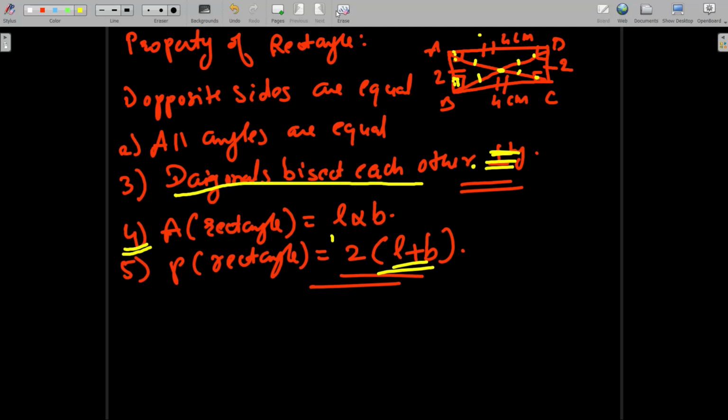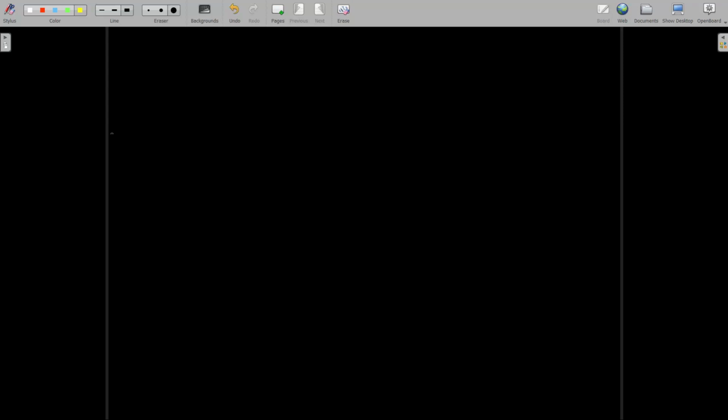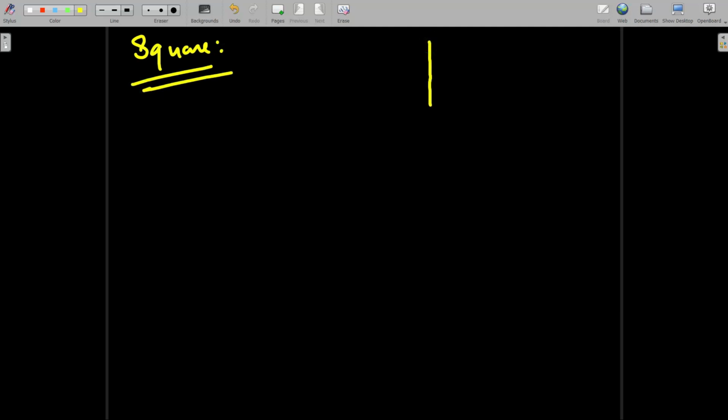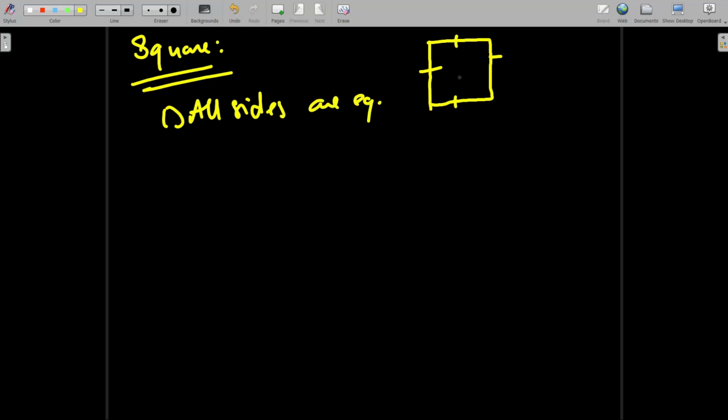Now the second property we will see is about the square. When we see square, square means all sides will be equal. So the first property is all sides are equal. Now the second property is all angles are equal.